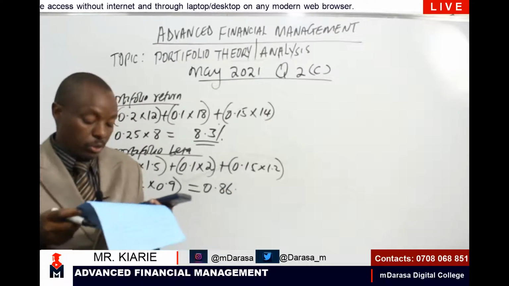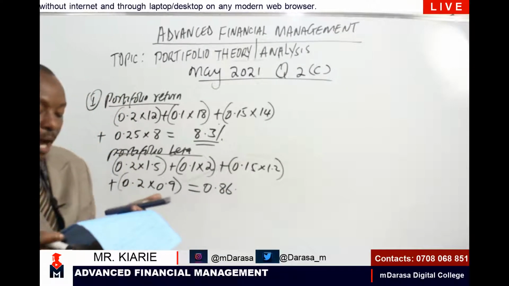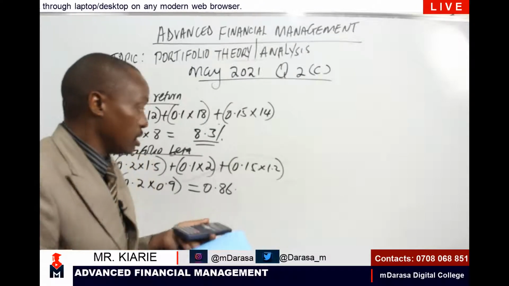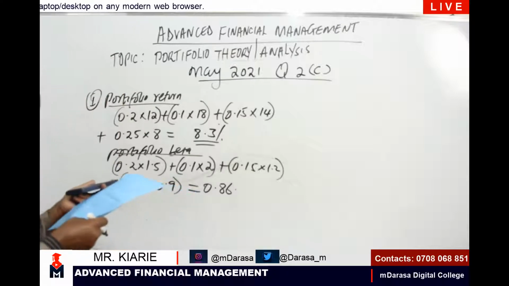Roman 2 of the question. Using the results obtained above, deduce the type of investor Zachary is.